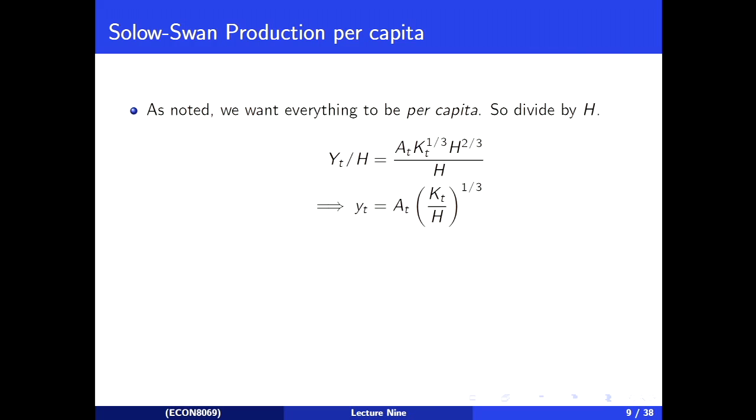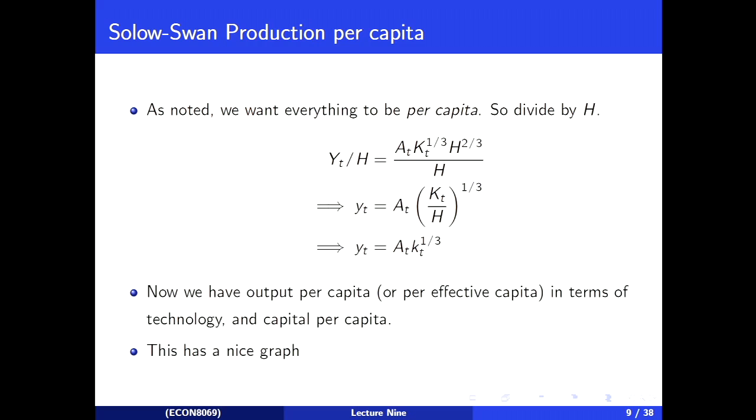K sub T over H is just capital per capita, and so it's lowercase k sub T to the third. This is really going to be our per capita production function from now on. We have output per capita, really per effective capita, but I'm just going to say per capita, which is only in terms of technology and capital per capita.